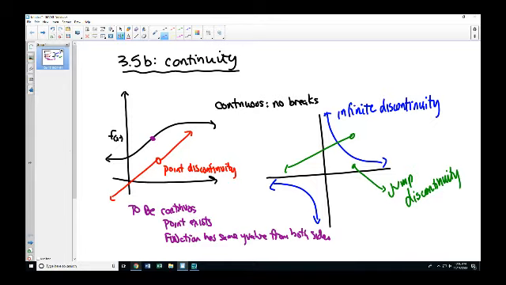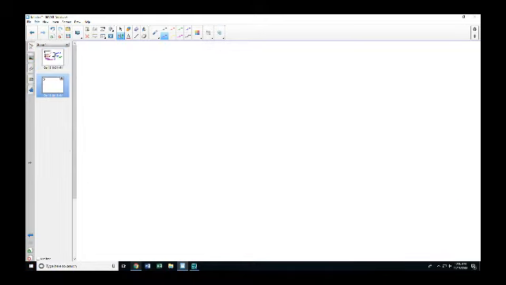So that's in general the big idea of continuity. No breaks. Let me walk you through how to do this mathematically. How do I show a function is continuous mathematically? Let's see what's in the book.